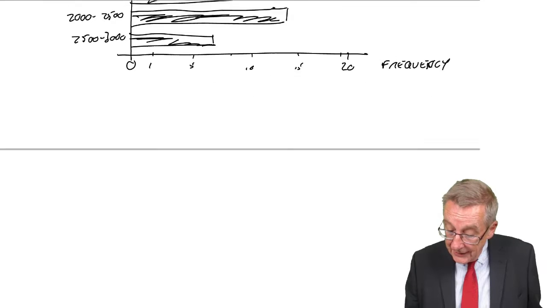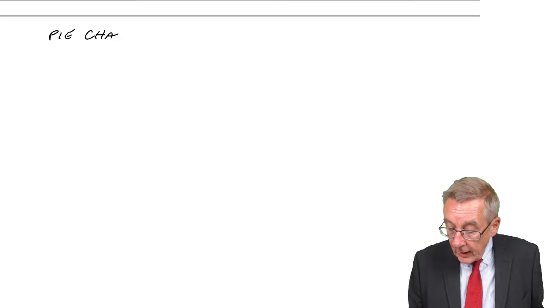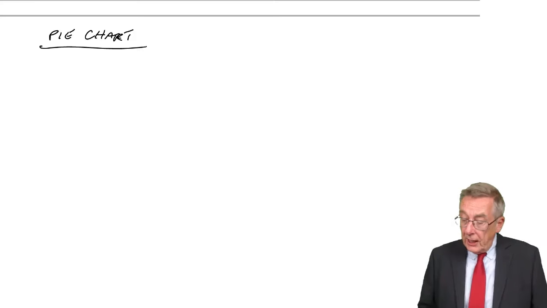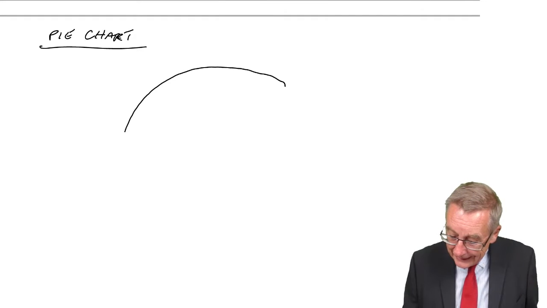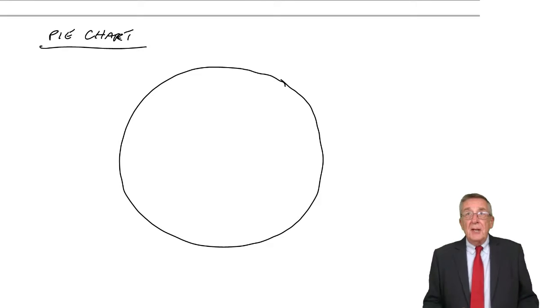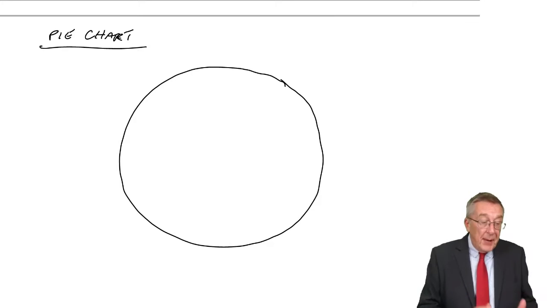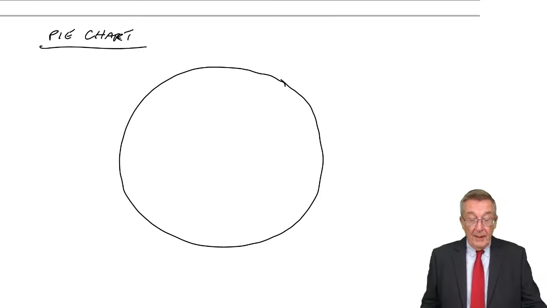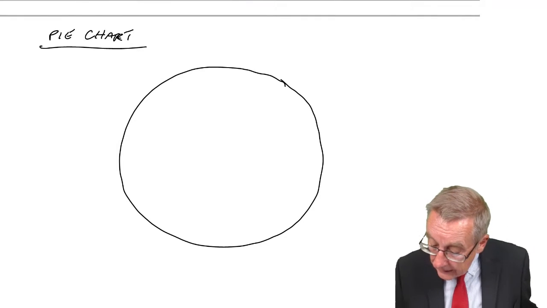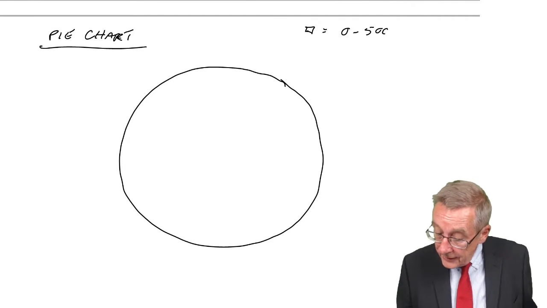A pie chart. You'll see why it's called a pie chart in a moment. But this sort of chart, we do a circle and split the circle into chunks, slices, the size of which depends on the frequency. So here now we do need a little key. I'll use this colour to be 0 to 500.